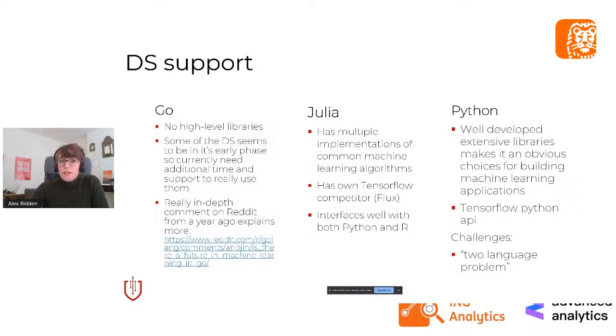And finally, Python. Well, it's probably the most popular language used for most machine learning applications nowadays. It has extensive libraries, which makes it a really obvious choice when you're starting a data science team or machine learning. TensorFlow, I guess, and a few other interfaces or frameworks that I mentioned earlier, work really nicely and play with Python very well.